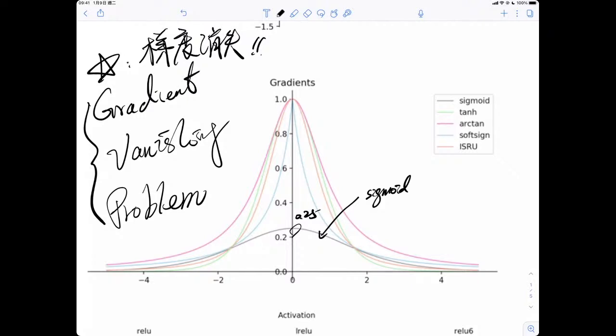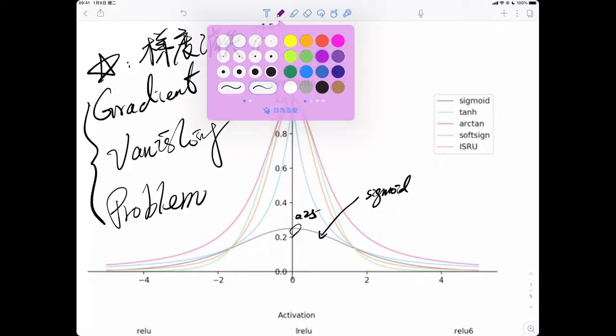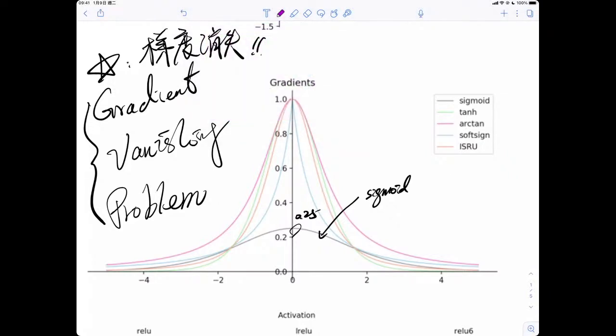Sometimes we use another function called hyperbolic tangent, because its gradient is up to 1, right?